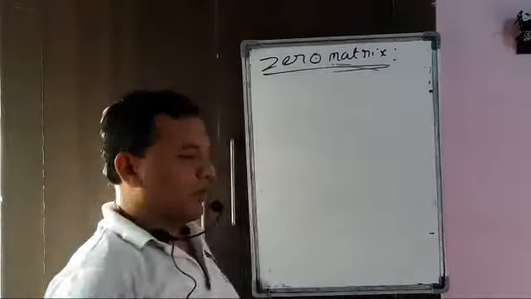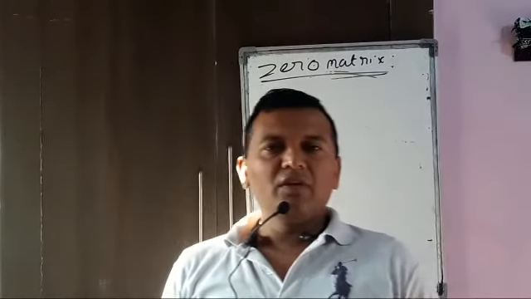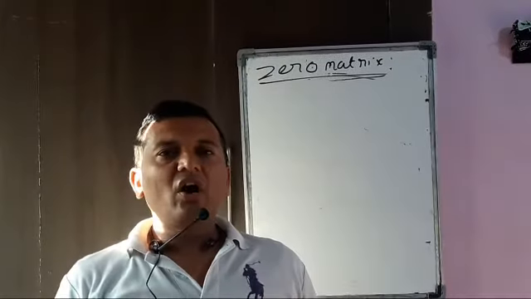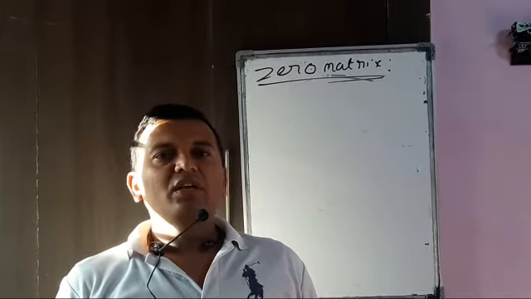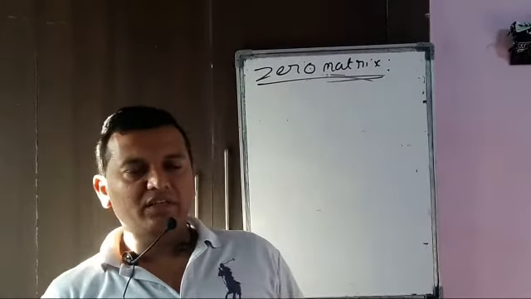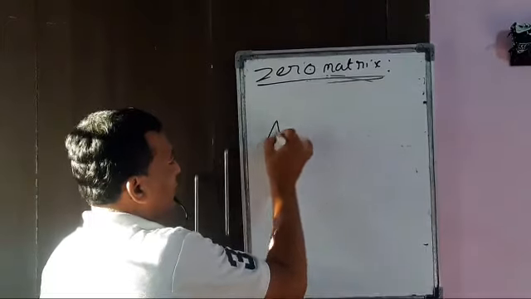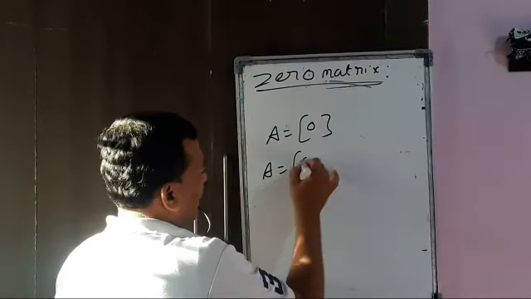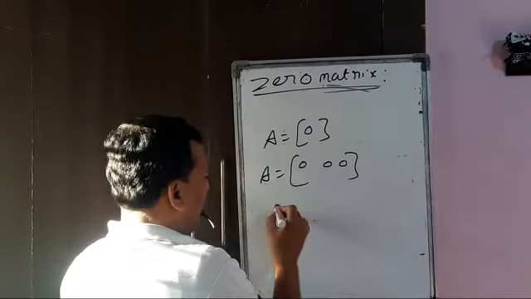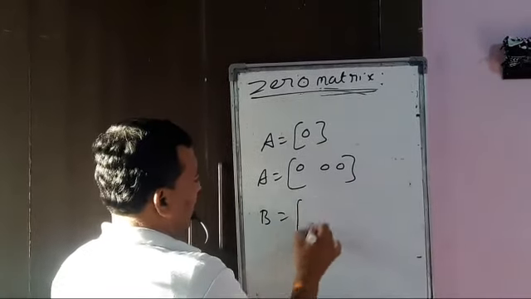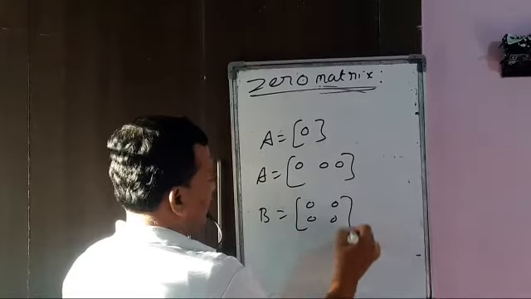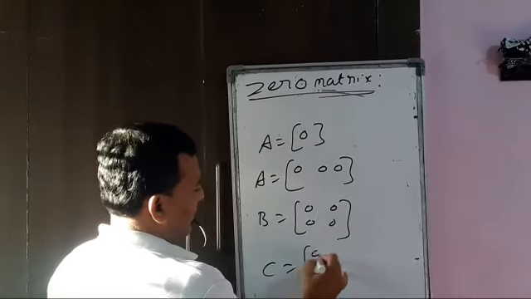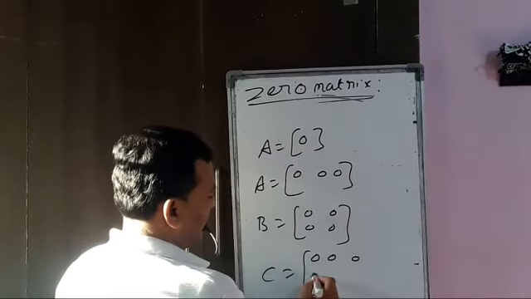It's quite simple and easy to remember. A matrix in which all the elements are 0 is called a zero matrix, irrespective of its order. It can be one element, it can be a row matrix, it can be a square matrix, or it can be a non-square matrix.